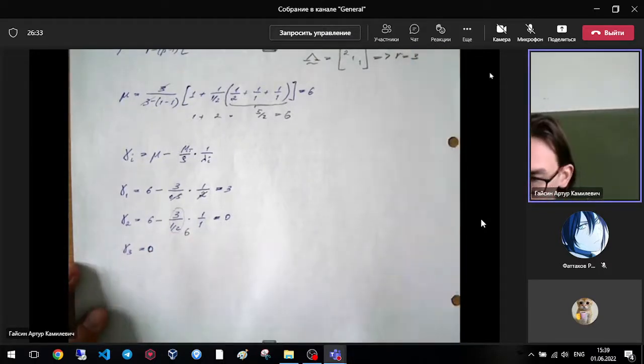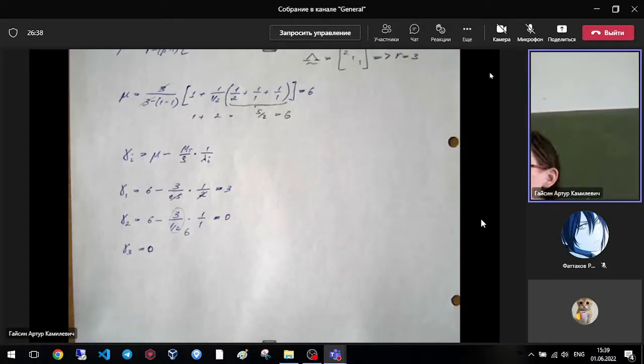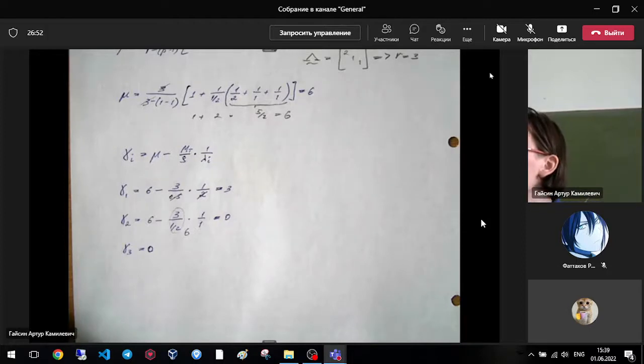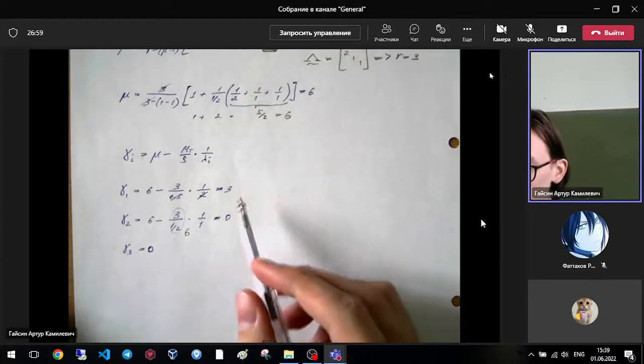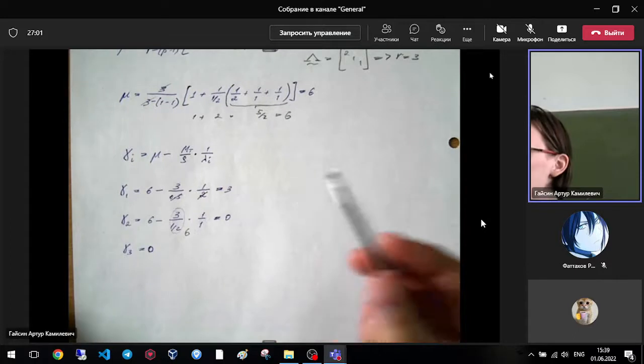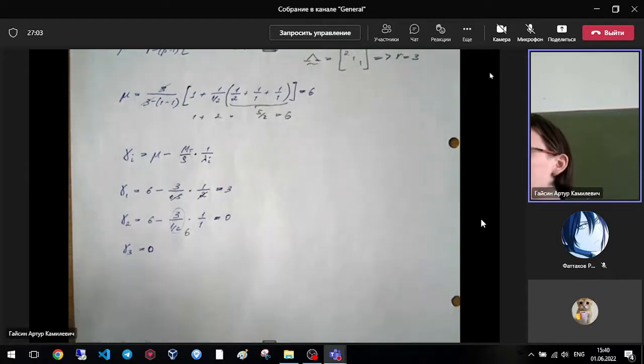And you can see we have the rank equal to 3, but we will use only one data stream. So we reduce the number of data streams to 1. If you see that the first gamma is equal to the maximum value, you can say, of course, the second and third are equal to 0.